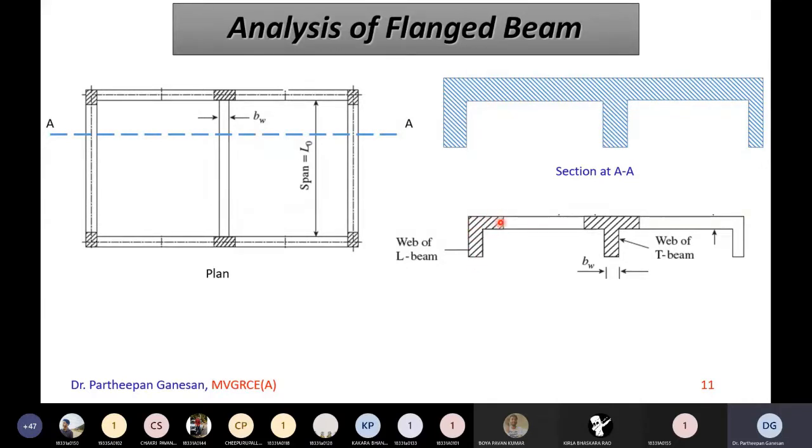So the end beam will be like this. Similarly, for this beam, some portion of the slab on the left side and some portion of the slab on the right side will also take the compressive force. Not only this rectangular portion, but this slab portion also will take some amount of compressive force.